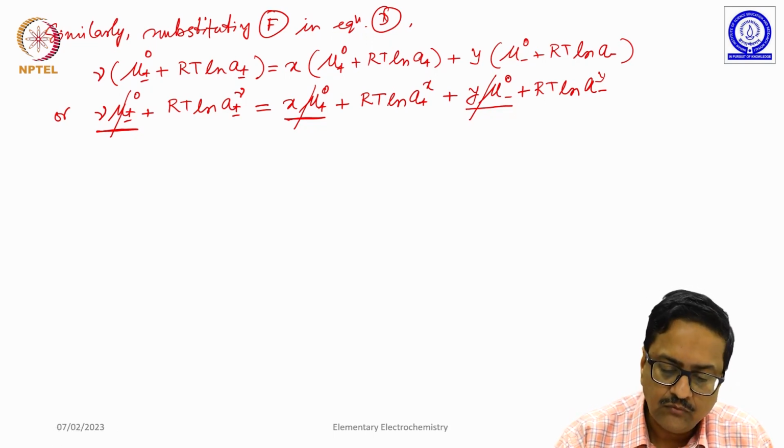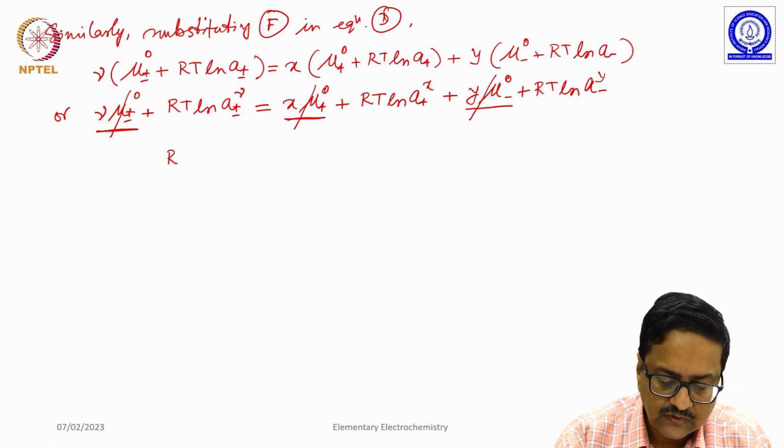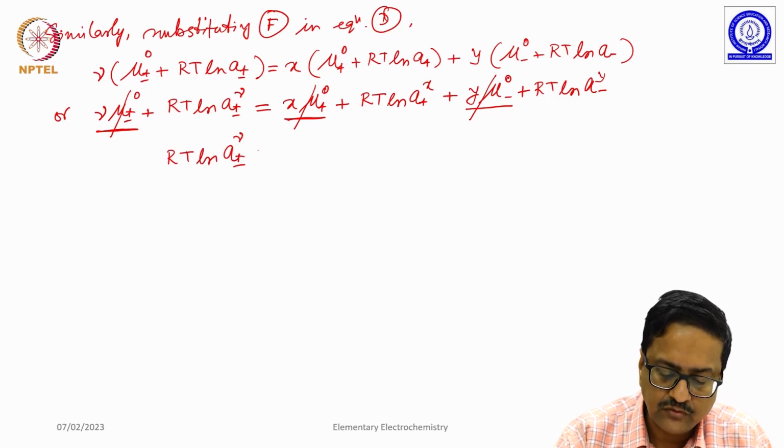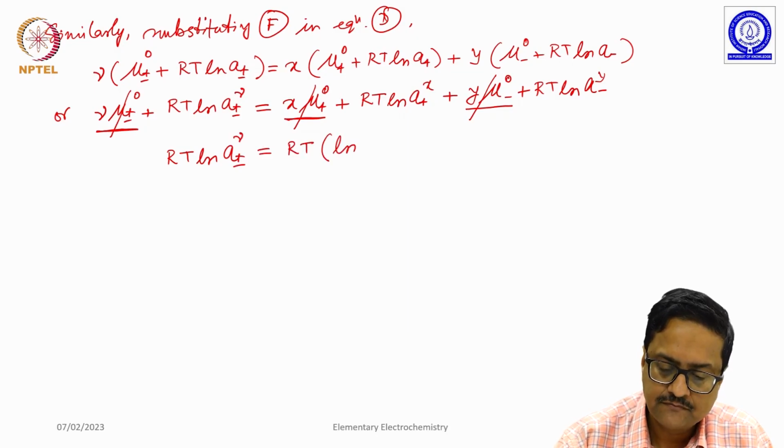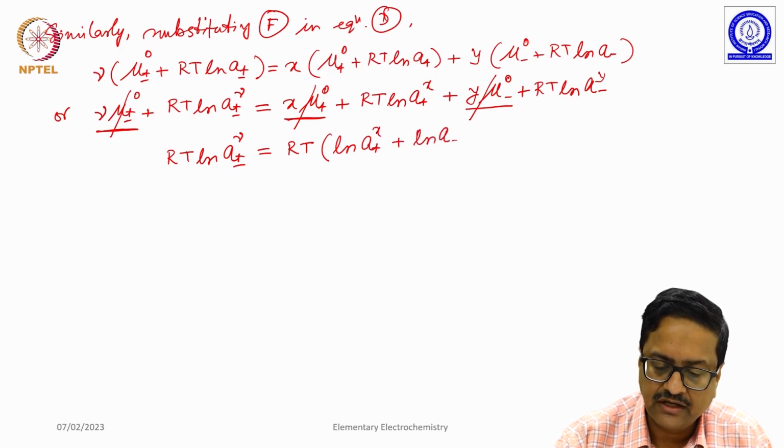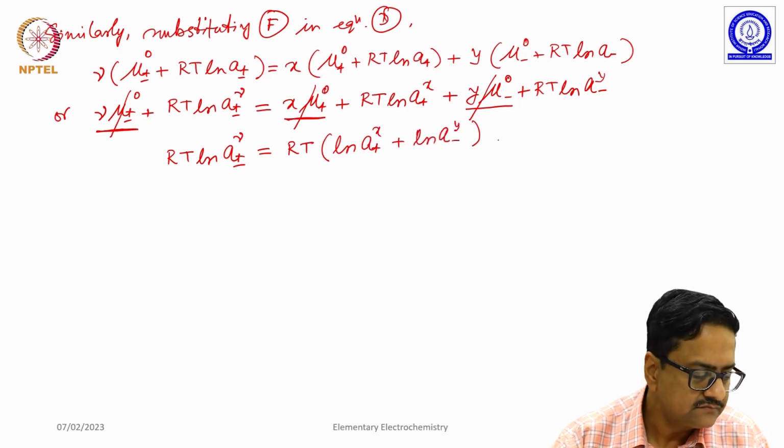And then we are left with the equation RT ln A plus minus to the power nu equal to RT ln A plus to the power x plus ln A minus to the power y.